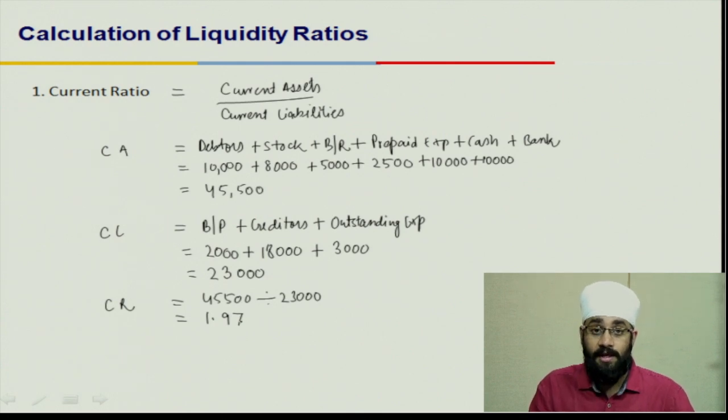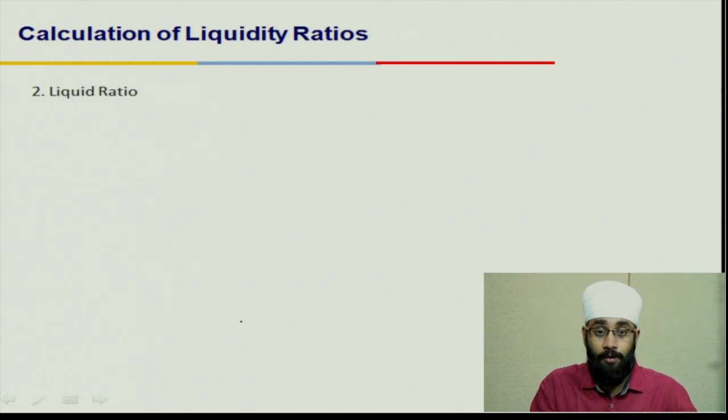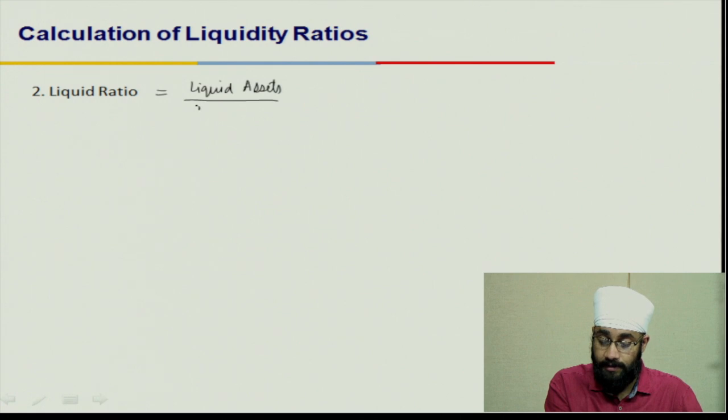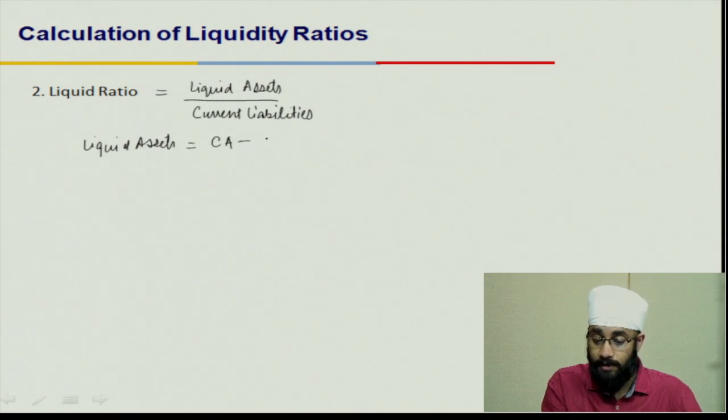Let's now go to the second short-term liquidity ratio, which is the liquid ratio, which will be calculated by identifying the liquid assets and dividing this by current liabilities. Now liquid assets are simply current assets minus stock and prepaid expenses.